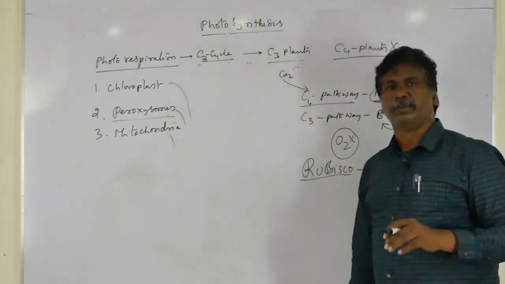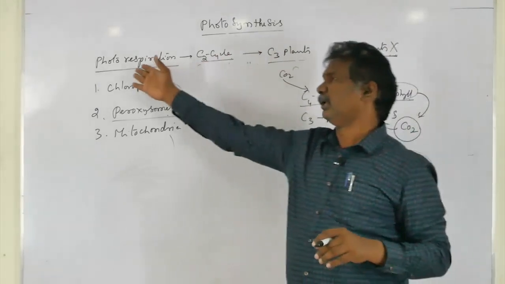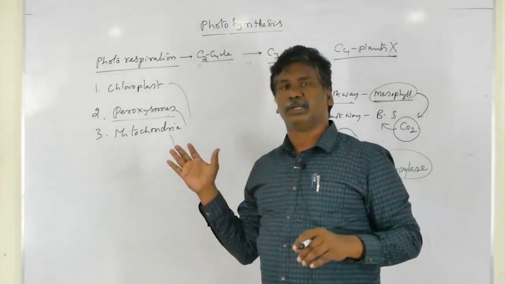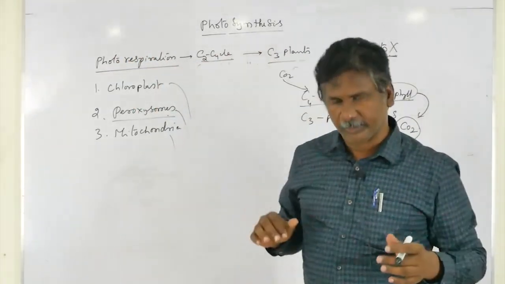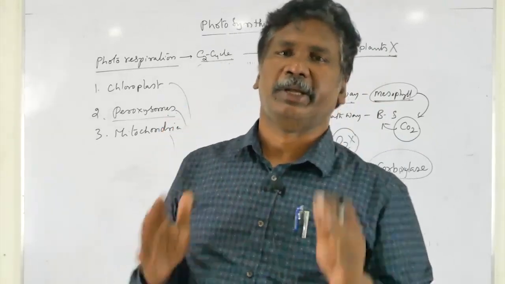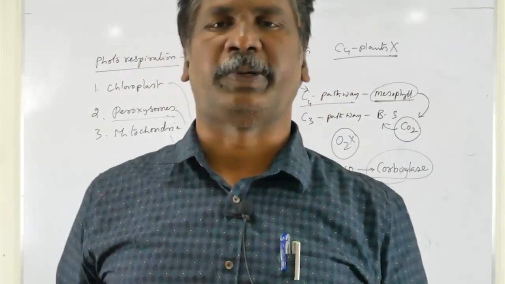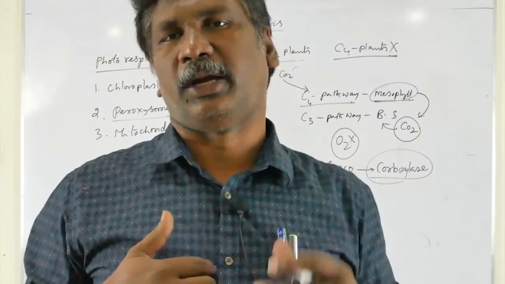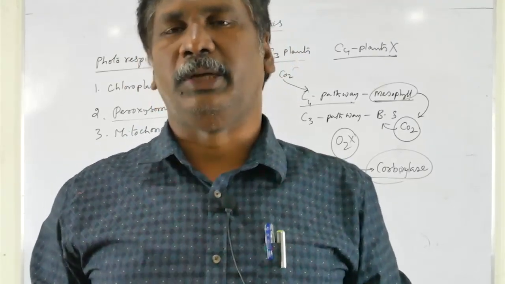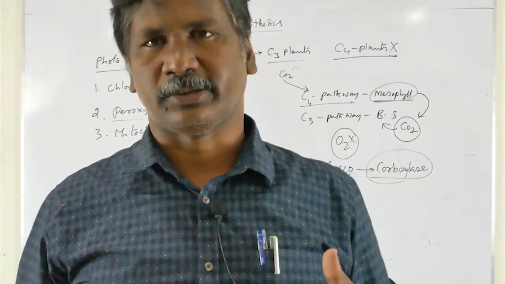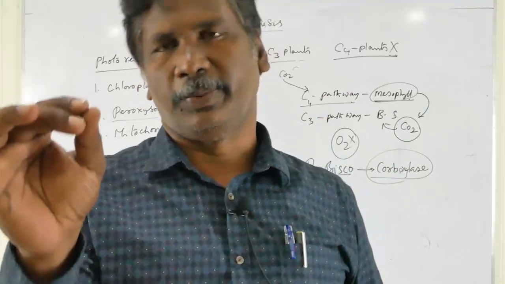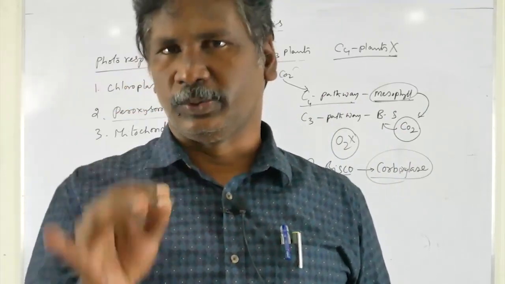If it acted as an oxygenase, that could initiate photorespiration, but due to C4 carbon fixation the carbon dioxide level in the intracellular space increases, which minimizes the level of oxygen. Hence rubisco acts as a carboxylase only.